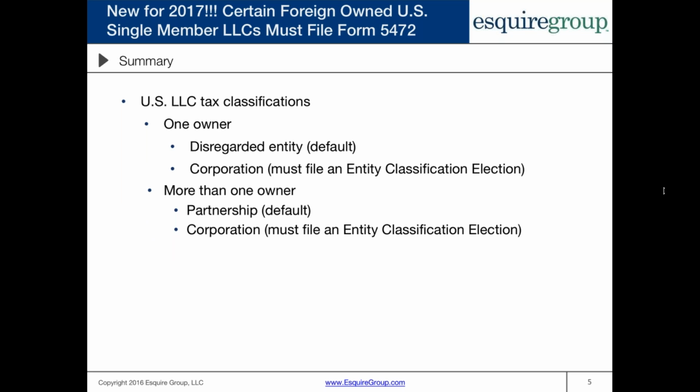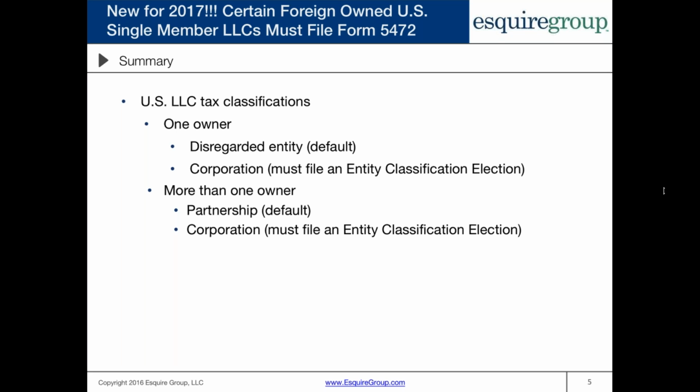That's its default classification. So if you form a U.S. LLC and you own 100% of it, it's a disregarded entity, unless you file an entity classification election and elect for that U.S. LLC to be taxed as a United States corporation. The big difference is by electing it to be taxed as a U.S. corporation, the LLC itself becomes taxable and has to file separate tax returns and so on and so forth.